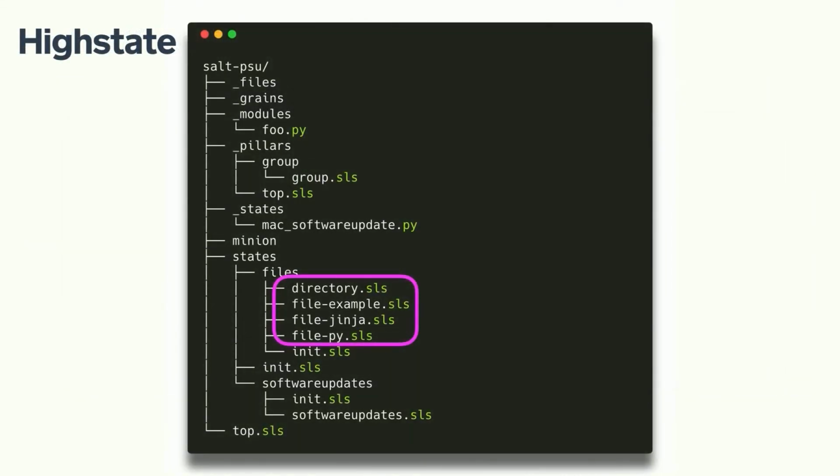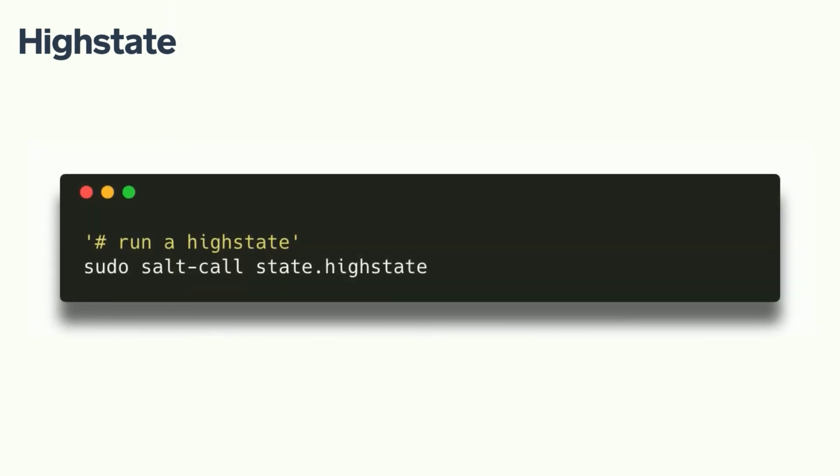And it'll actually do it in that particular order. So if you want to specify an order of operations, you can do them in the init files. And then if you ever want to run a high state, just salt-call state.highstate.